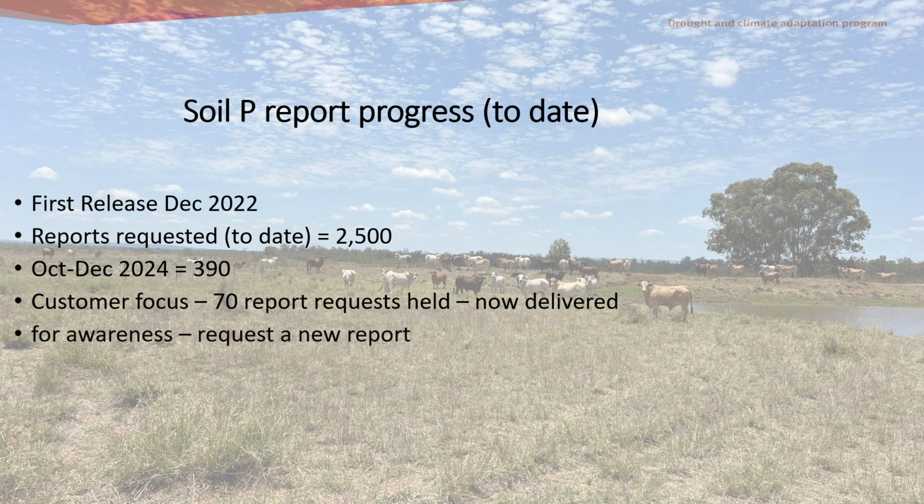And for your awareness, it'd be a good idea if you got the new report, even though you got the old ones, request a new report and just see what the new modelling has done into the new categories and the new uncertainty, and you'll get a GeoPDF as well.